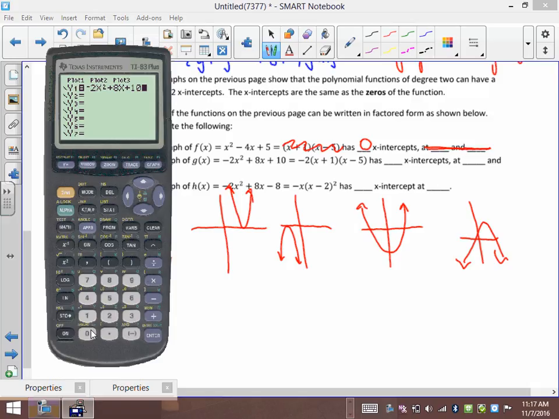Right? So there's 2. I don't care where they're at right now. Then we'll put in the other one. Negative 2x squared plus 8x minus 8.